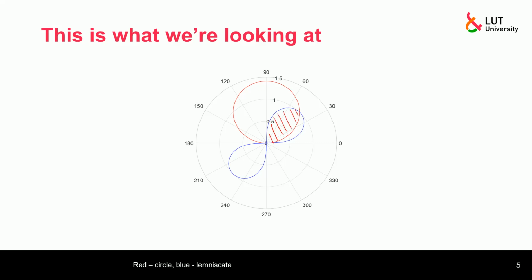The limit is the circle curve until this angle, which is pi over 4 until here, and then the limit continues from the lemniscate. So this curve continues until this angle here, which is pi over 2. If you insist, that's 90 degrees, as it says here, and this would be 45 degrees.